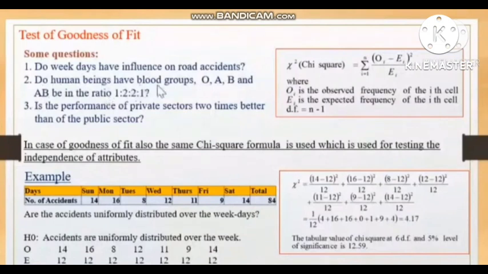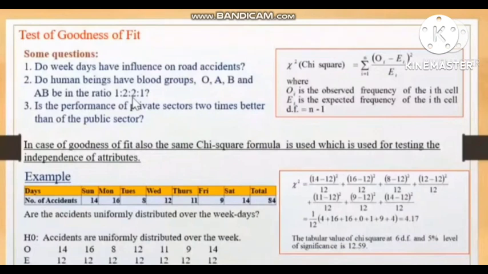Do human beings have blood groups O, A, B and AB in the ratio 1:2:2:1? Suppose that somehow it has come to my mind that the ratio of persons having blood groups O, A, B and AB is 1:2:2:1.